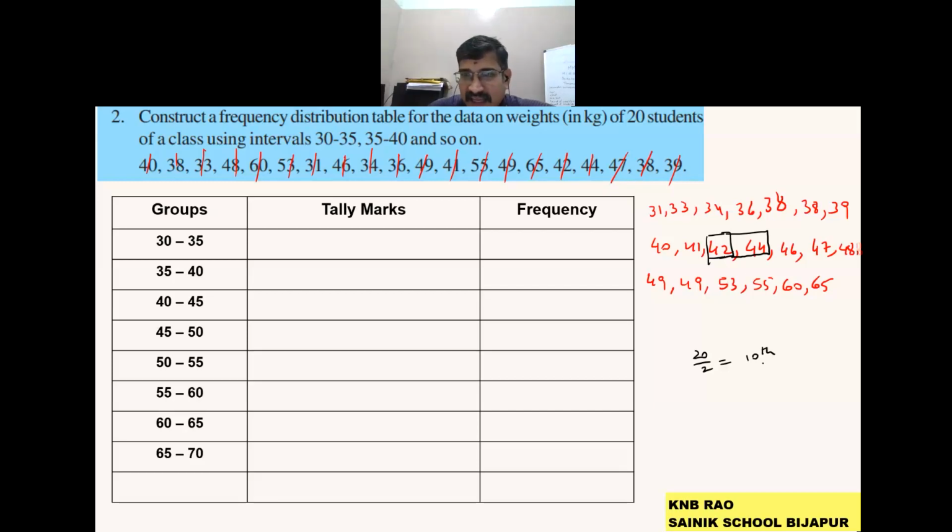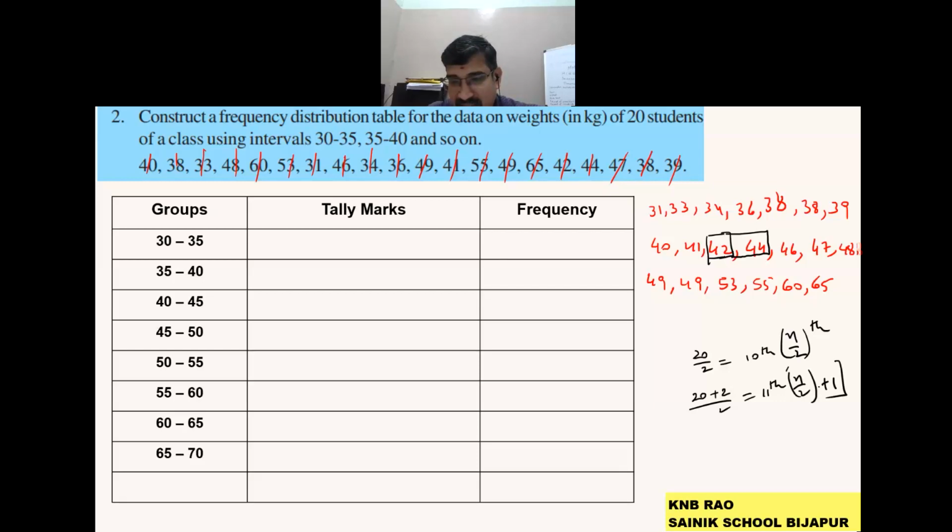So the 10th fellow, and 20 plus 2 by 2, either you can say it like that, or if it is an even number, the 10th fellow and the fellow next to that. That is n by 2 and n by 2 plus 1 fellow.